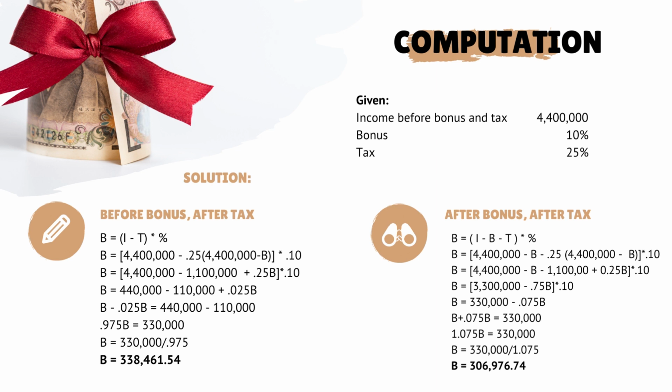And if we say after tax, if the rate given is 25%, then you compute the tax amount first. But if the tax amount is given, like for example the tax is 100,000, then just deduct it directly, minus 100,000. No need to put 0.25 times 4,400,000 minus B. So no need if the given is already the amount and not the percentage. So that is what we must remember.